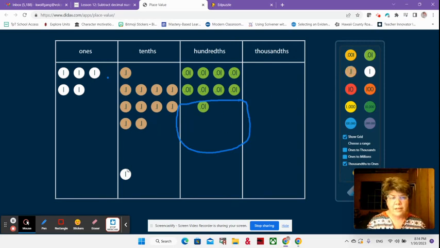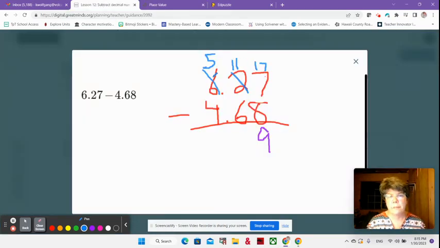Because 1 one is the same as 10 tenths. So I'm exchanging these two just like I'm doing right here. I take one of my ones and I take 10 of my tenths and I put it over here. So now I have 11 tenths.